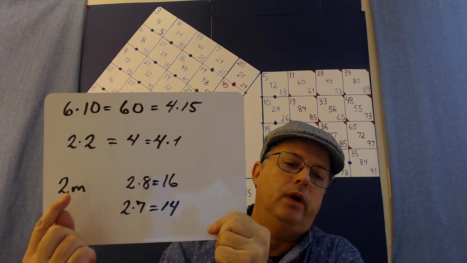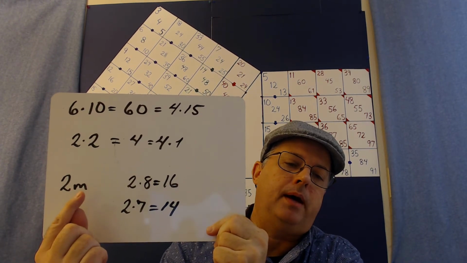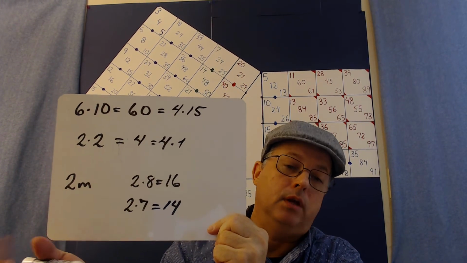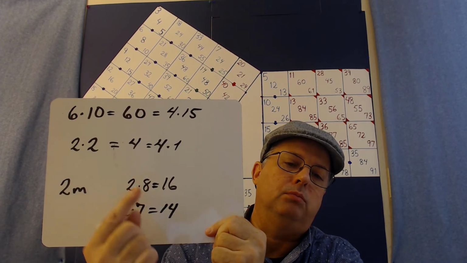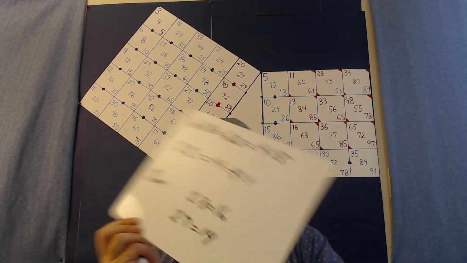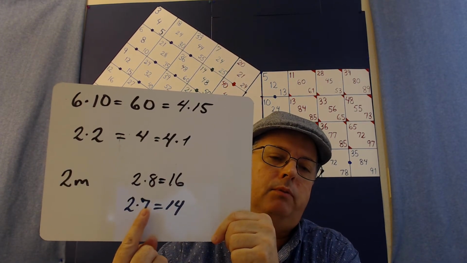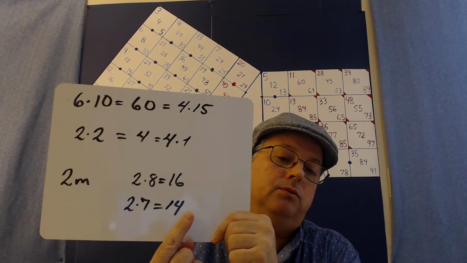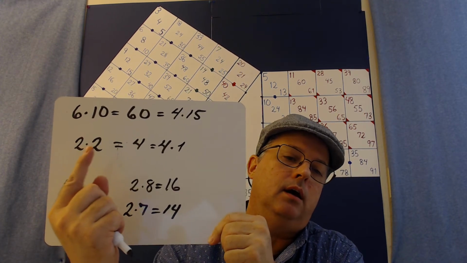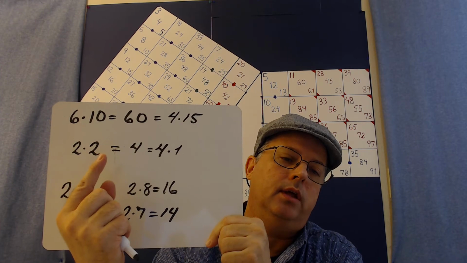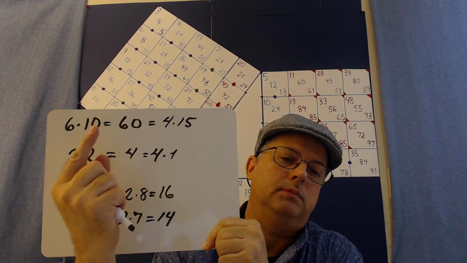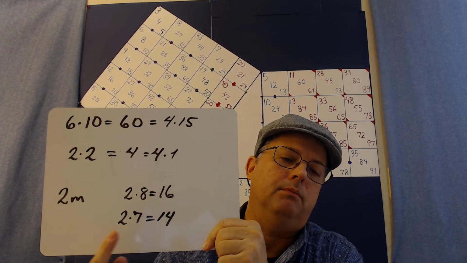Whenever you take 2 and multiply it by some number, you're going to get an even number, of course, but you may not get a multiple of 4. And that's because m might be odd, and when it's an odd number, we don't get multiples of 4, because we need another even here. You see that? 6 times 10, even times an even number.